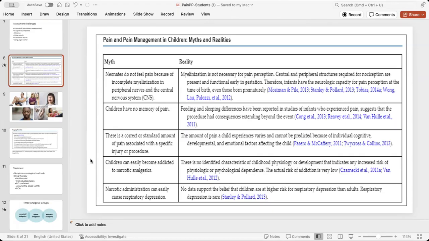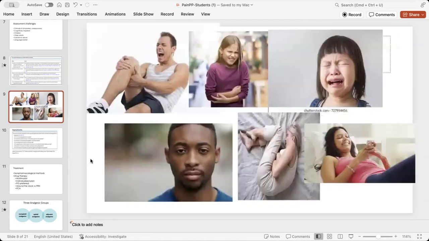If it's painful for you, it's painful for that child, okay? We might see a variety of behaviors in children and adults. Top three, right? Those are behavioral signs that we're often going to see if someone's in pain. What about the bottom left?